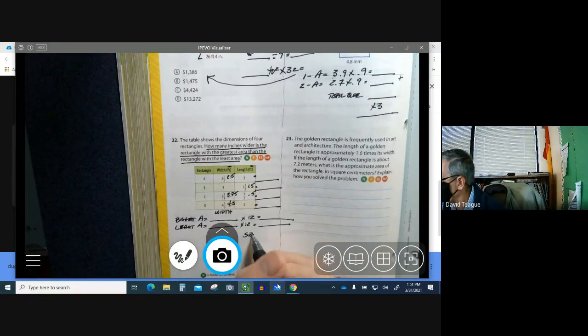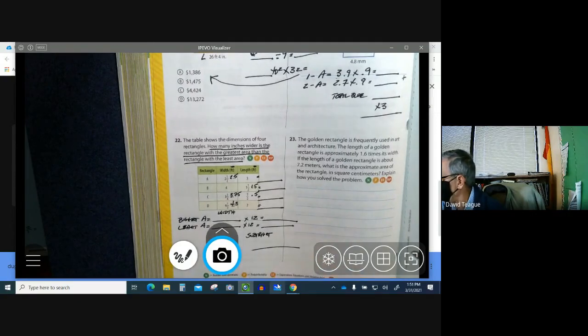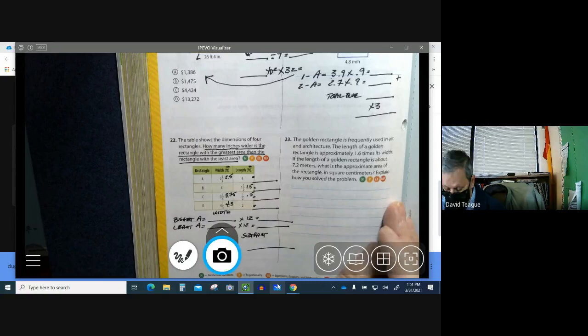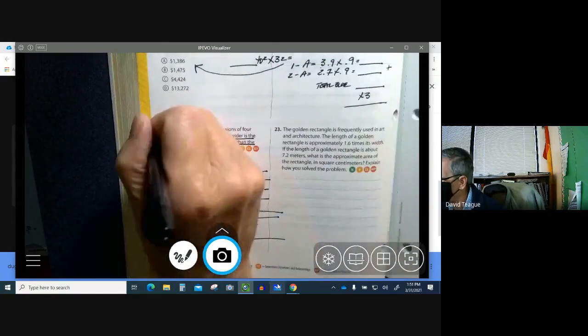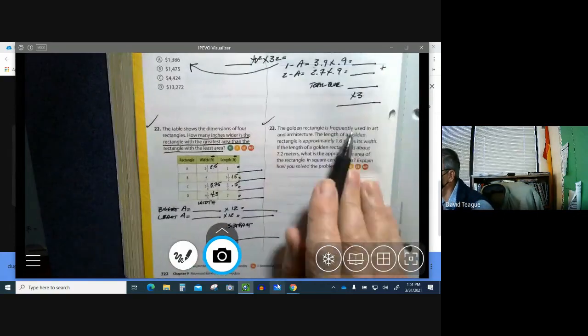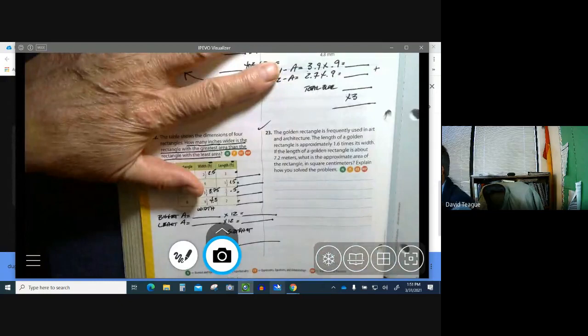Subtract these two. And that gives you your answer. Bunch of different steps in there. Okay. That's 22.